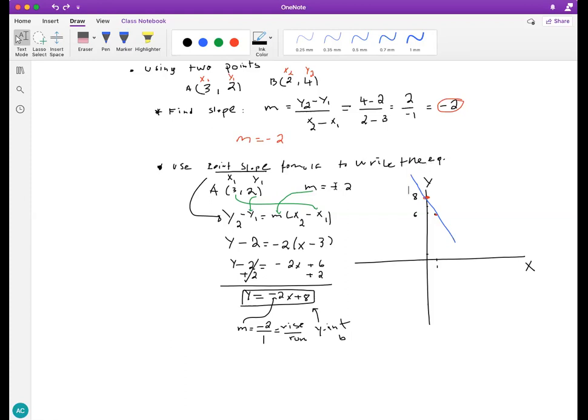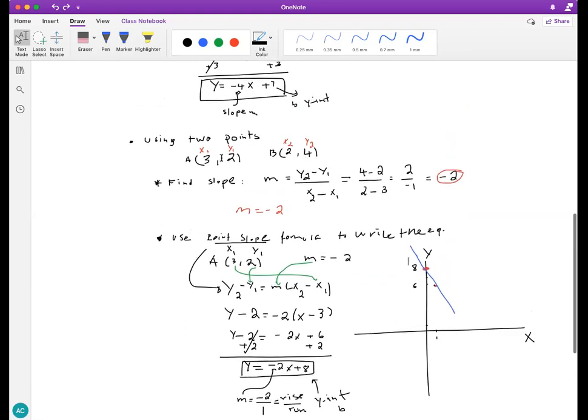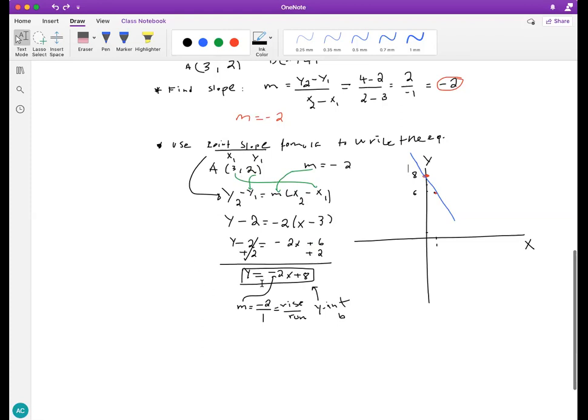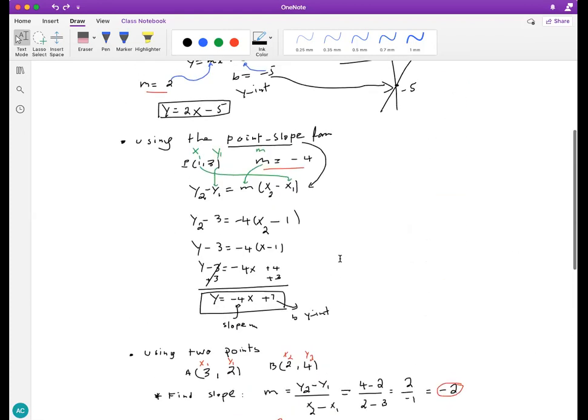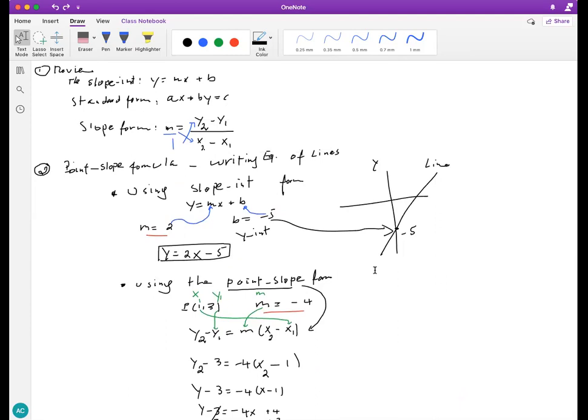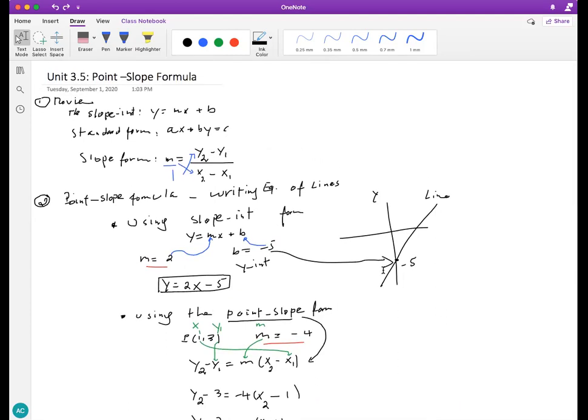That's why we had to do all this. But if it asks you to graph that line, then you can do this. So that's basically the 3 cases, how you write the equation of a line based on what information is given.